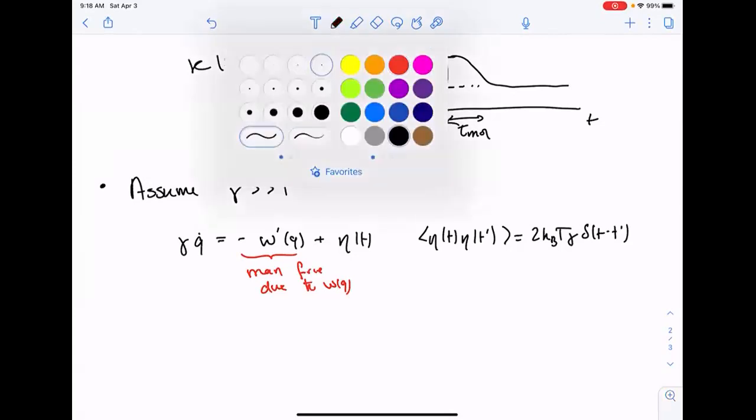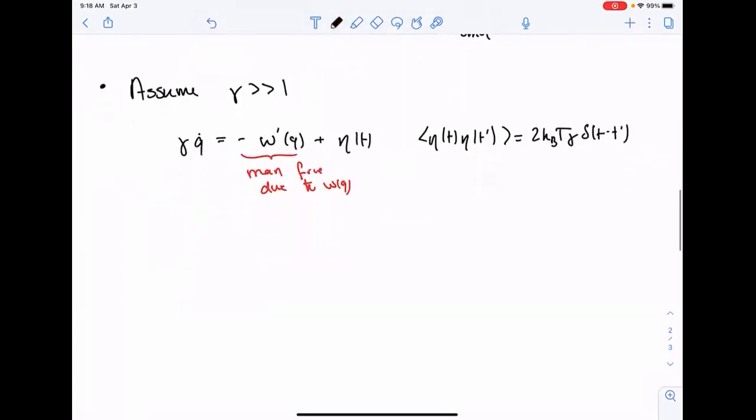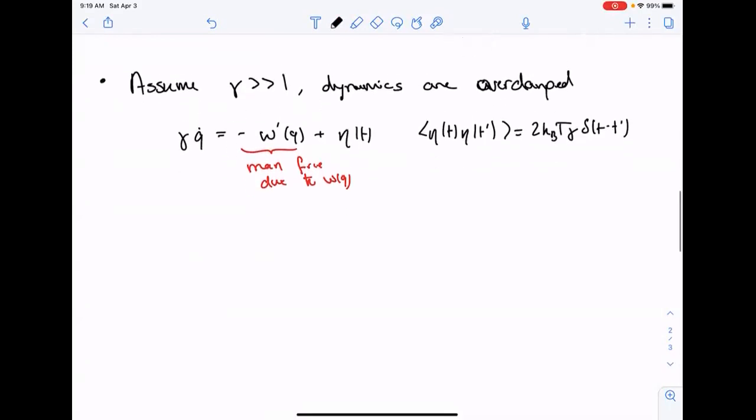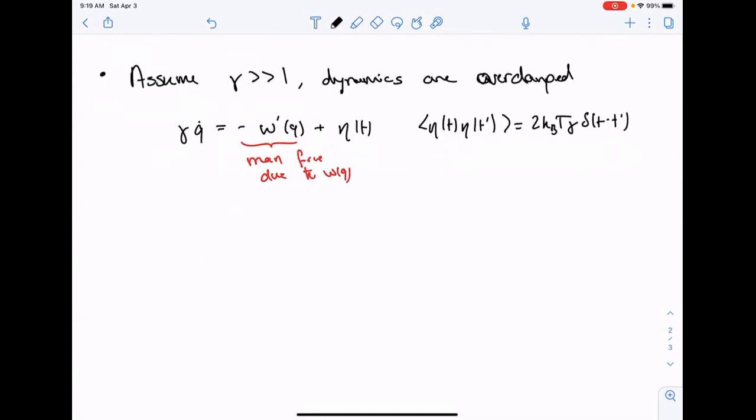Okay, so we know that provided this overdamped equation of motion, one way to express that is the stochastic equation of motion written here. An alternative would be through the Smoluchowski equation.